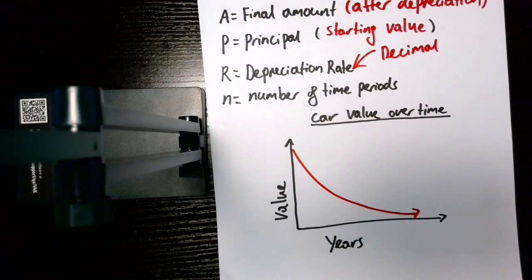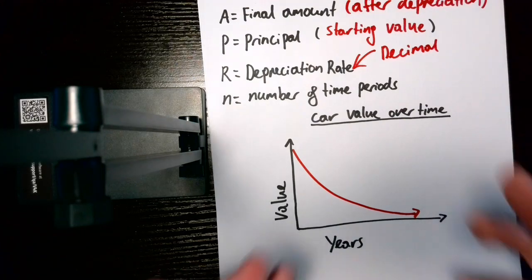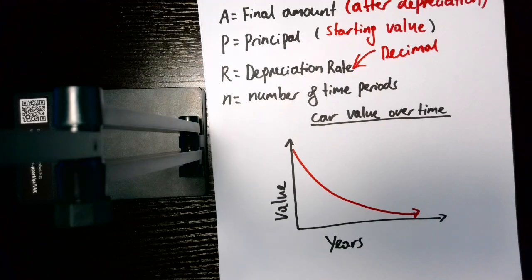It doesn't decrease by the same amount. In the lesson that I put online, you'll be able to see what I mean by that. But why don't we actually get into how we will calculate with these sorts of questions, how we'll answer them if they were to sit in front of us, and the types of methods and strategies that we would use. So, let's get stuck into it.